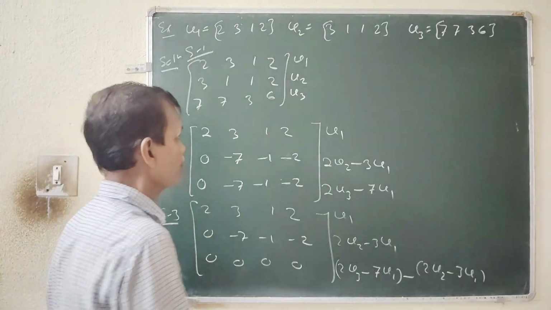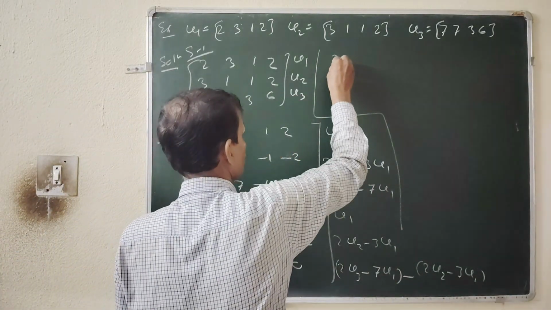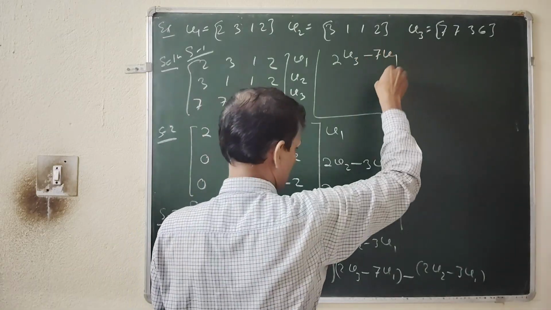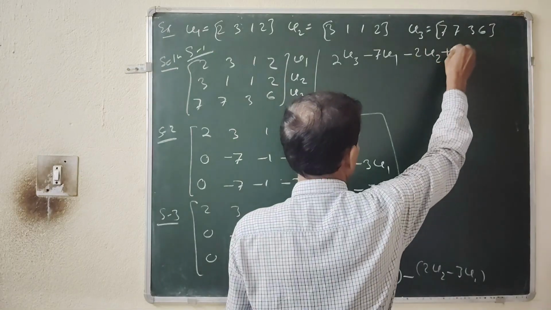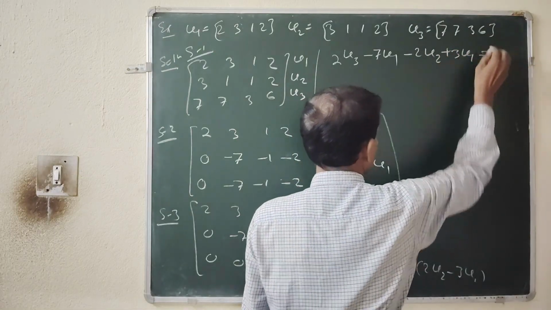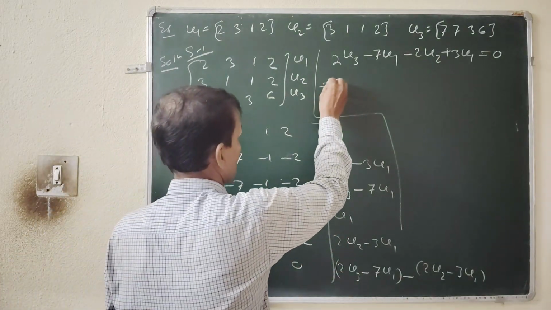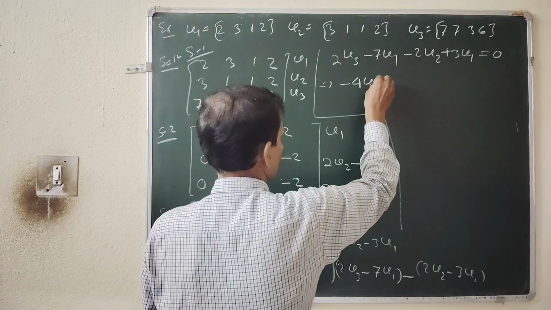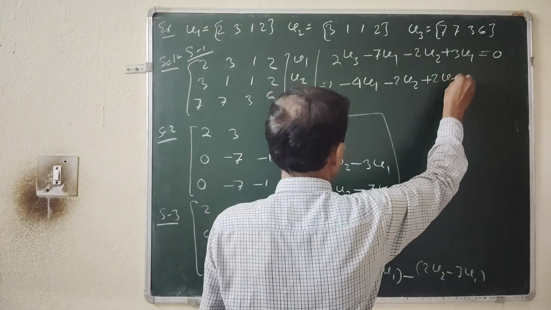So now we get 2v3 minus 7v1 minus 2v2 plus 3v1 equal to 0. Then simplifying, that gives minus 4v1 minus 2v2 plus 2v3 equal to 0.